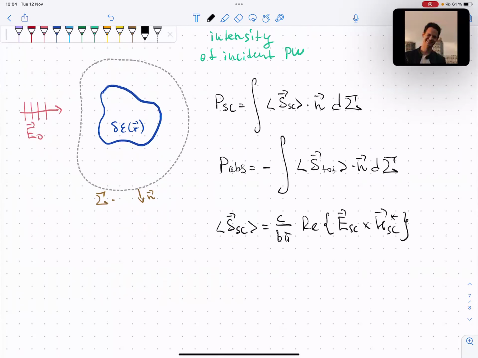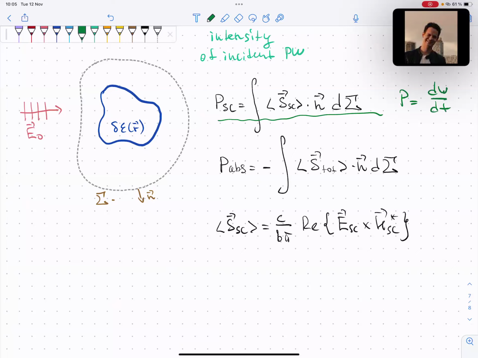Okay, so basically you can think about these equations. If you remember, we have a continuity equation. For example, we have a continuity equation for charges and currents, and we also have a continuity equation for electromagnetic energy, and the power is the rate of change of the energy.